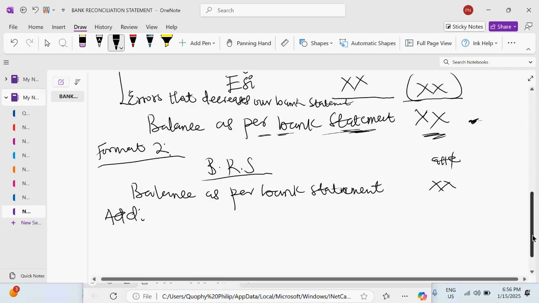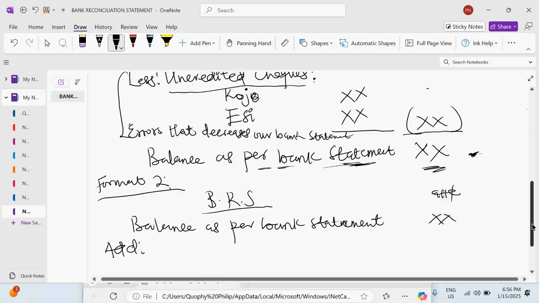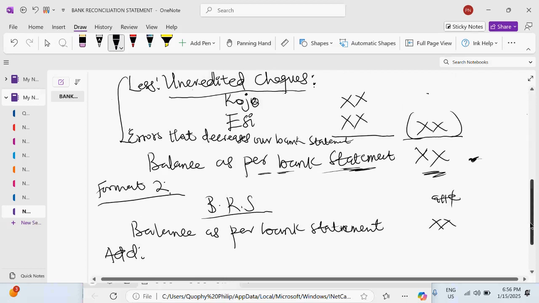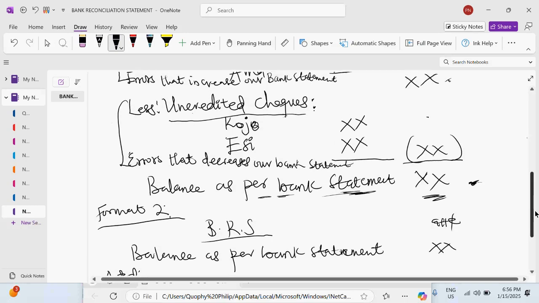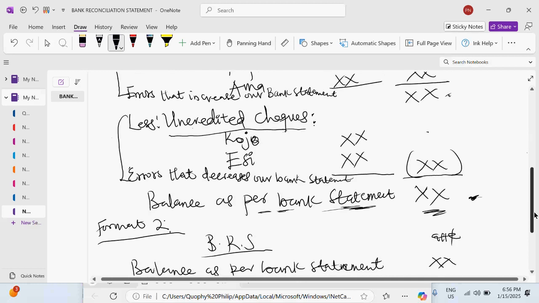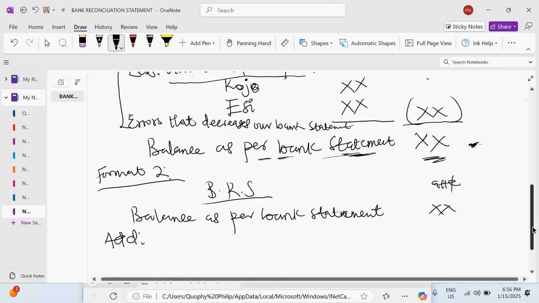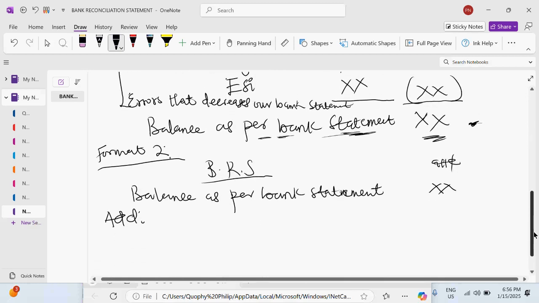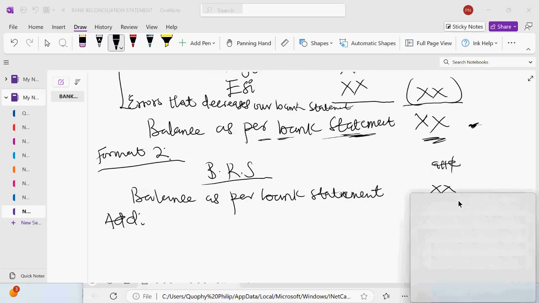Add what? What do you think we'll add? Who can tell me? We are starting with balance as per the bank statement. What do you think we'll add? You add uncredited checks.